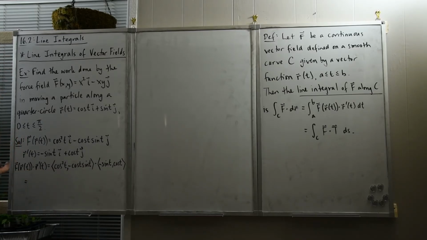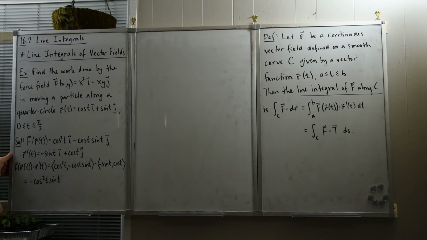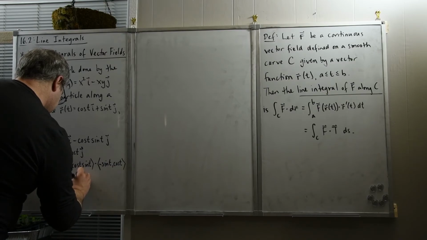And when we work this through, you'll have a cosine squared t times a negative sine t. That's a negative cosine squared t sine t. And then we'll add the product of the second components here. When you multiply these second components together, you get another negative cosine squared t sine t.